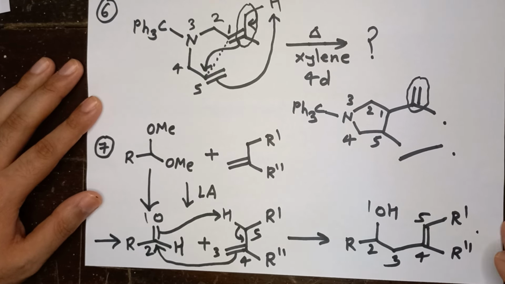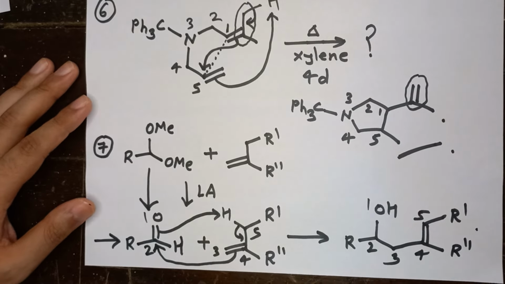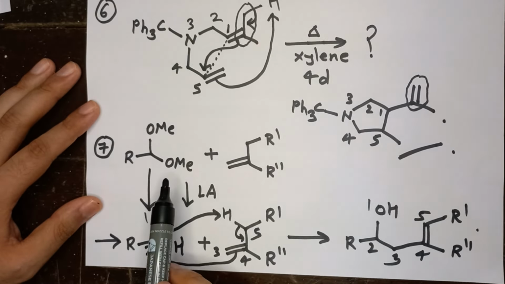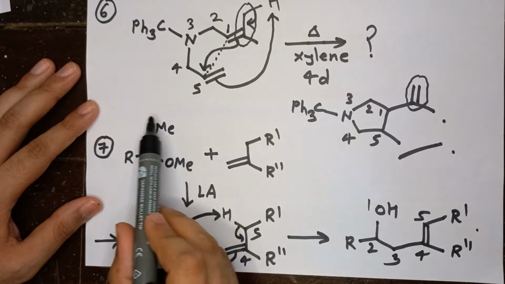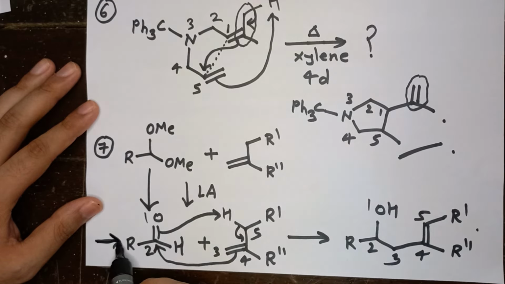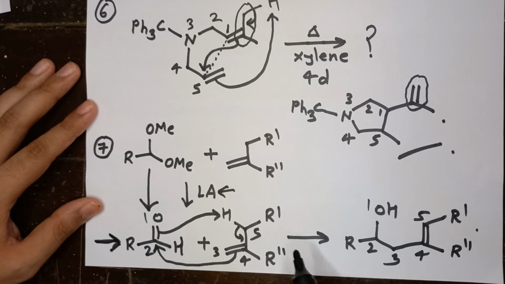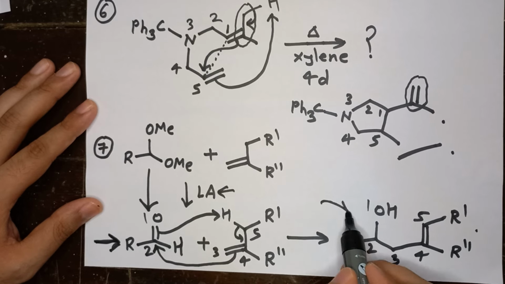So this is the product for this reaction. So the key step was you should know that you are able to convert your acyclic acetal or ketal into aldehyde in presence of Lewis acid, and then you will be able to predict the product.